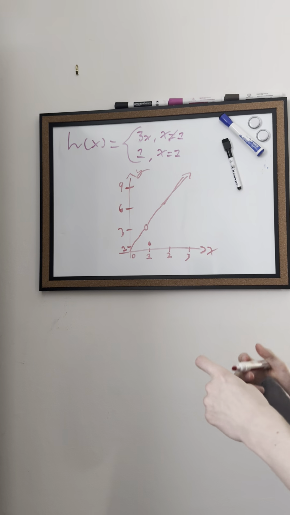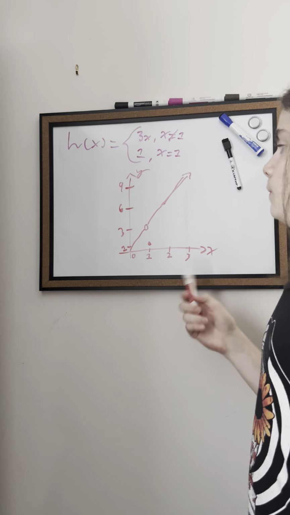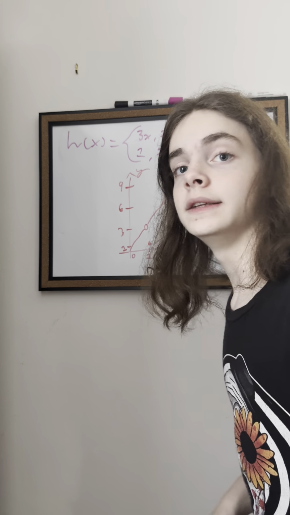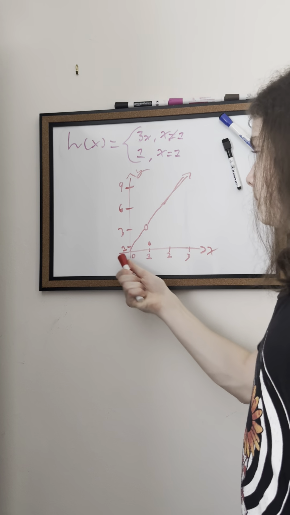Here's what the graph would look like. When x is equal to 1, it is not equal to our original function of 3x. Instead, it is equal to 1, right here.